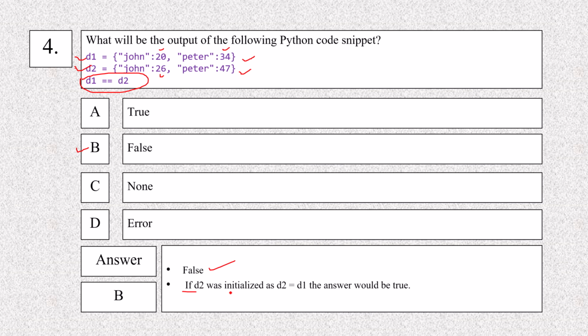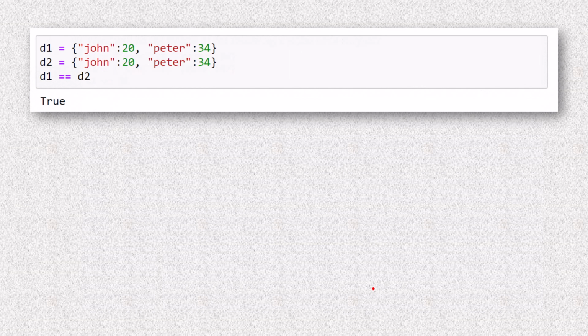And if D2 was initialized to D1 like this, the answer would be true. So here is our code. If you give the value of John the same, Peter the same, then if you check this condition, it will return true. Now we'll go to the next question.